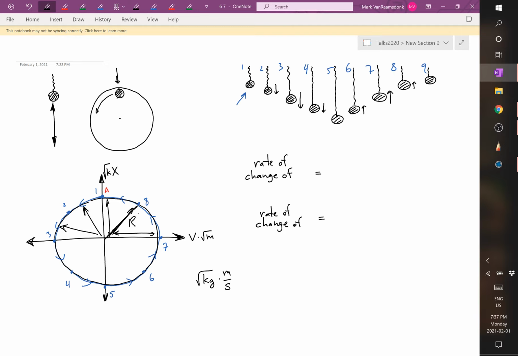Here's r. Using Pythagoras' theorem, the radius squared is equal to the x distance squared plus the y distance squared. So this is the square root of k times x, squared, plus the square root of m times v, squared, and we learned that this is constant, or unchanging in time.